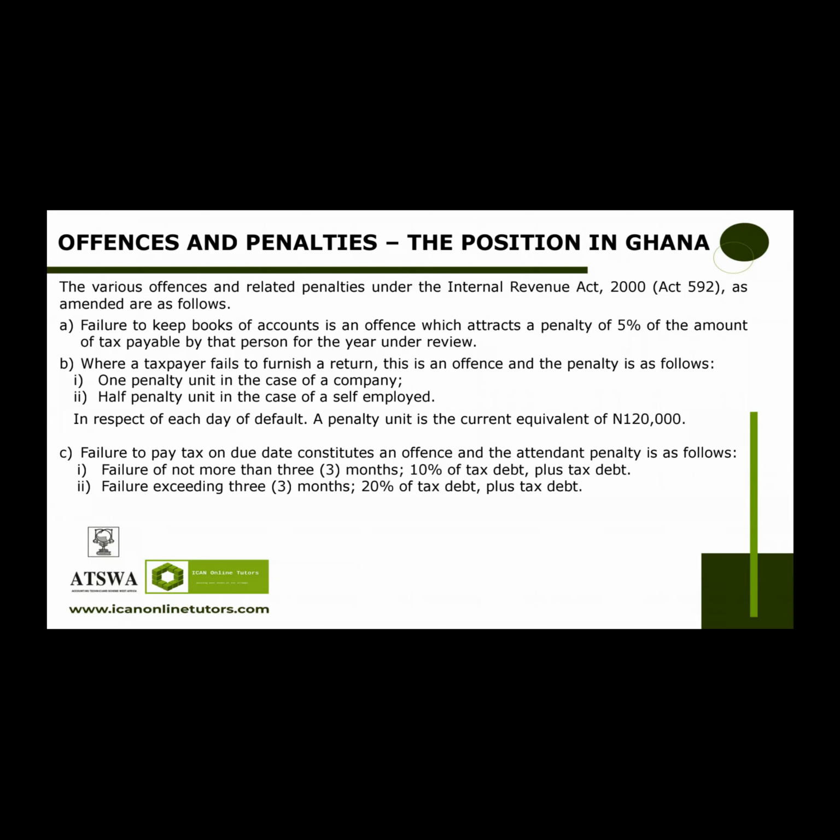In addition, where the amount of tax involved exceeds 100 currency points, a fine of not less than 50 penalty units and not more than 200 penalty units, or imprisonment for a term of not less than 1 year and not more than 2 years, or both. In any other case, a fine of not less than 10 penalty units and not more than 50 penalty units, or imprisonment for a term of not less than 6 months and not more than 1 year, or both.